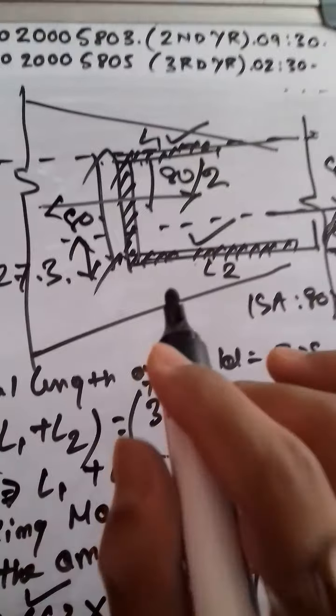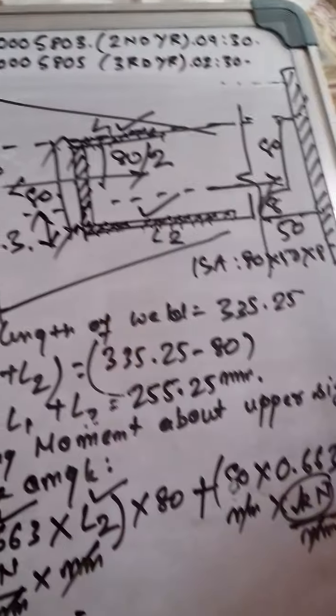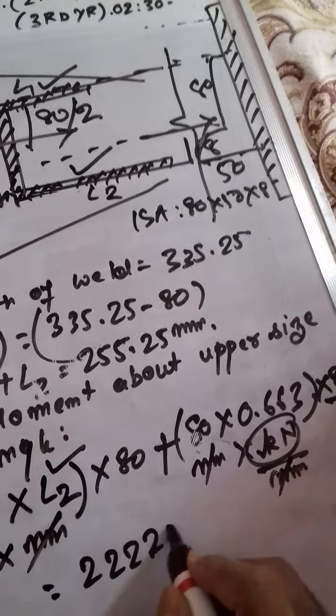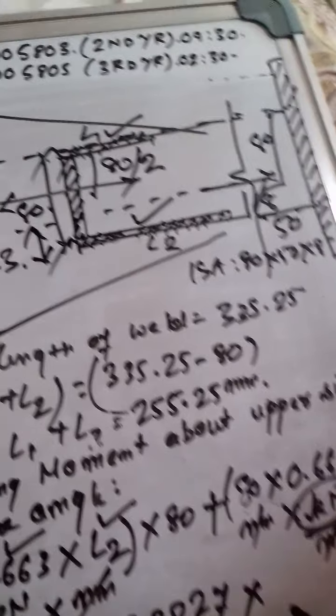This should be equal to the moment of the resultant force. The resultant force is equal to the design strength of the member, so it is equal to 222.27. The distance: we know that the distance of the resultant force is 27.3, so the remaining distance will be 80 minus 27.3, that is, we need the distance of this resultant force from the top portion of the angle.